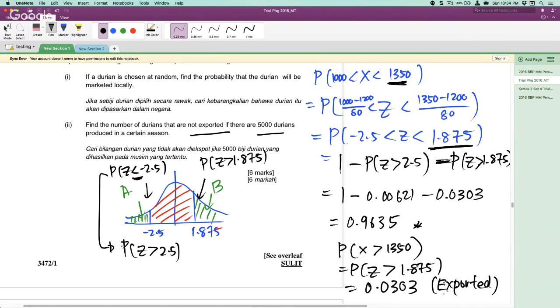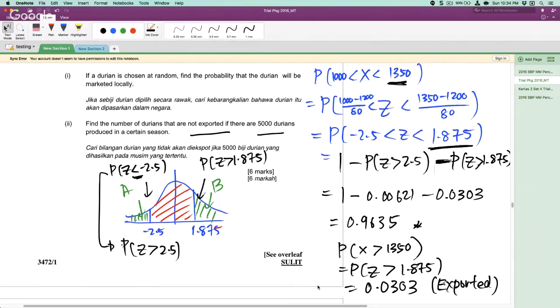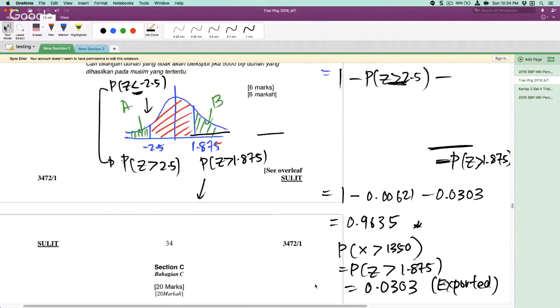So in order to get the not exported, I will use 1 minus this answer. So I will use 1 minus 0.0303.